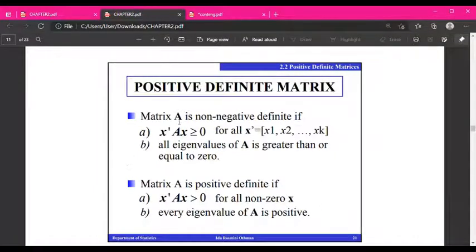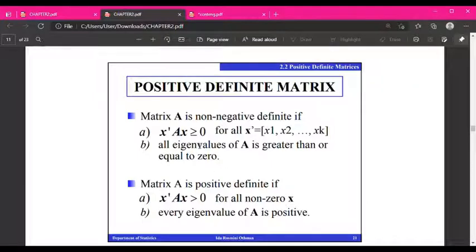So, matrix A is a non-negative definite if the quadratic form tadi more than or equal to 0, ataupun kita boleh gunakan dua definition. Yang kedua, all the eigenvalues of the matrix A is greater than or equal to 0. So, kena cari dulu eigenvalues for the matrix A. Okay, matrix A is positive definite if every eigenvalue of A adalah positive.